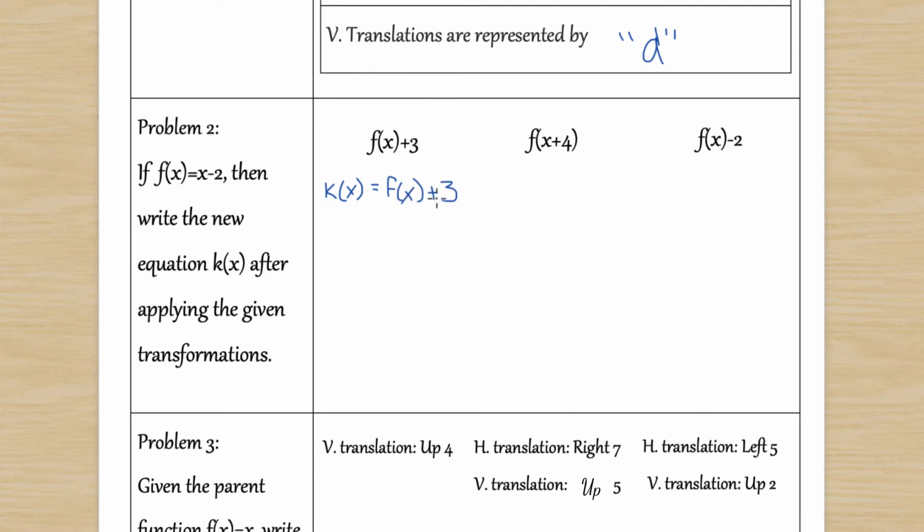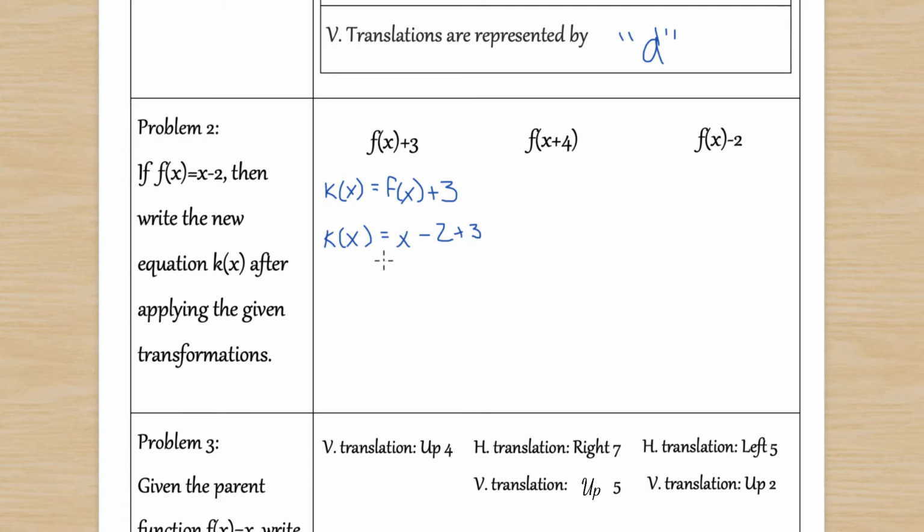Now that we have this, remember f of x is equal to x minus 2. So we're going to replace f of x in this equation with x minus 2. So k of x is equal to x minus 2 plus 3. That can also be written as x minus 2 plus 3 without the parentheses.